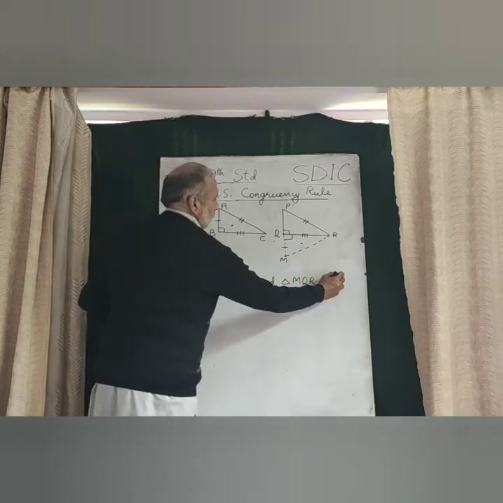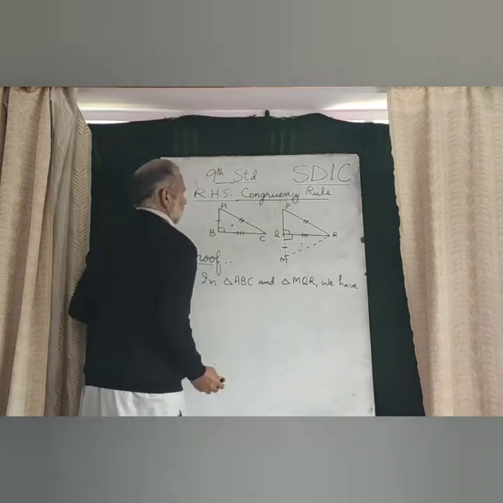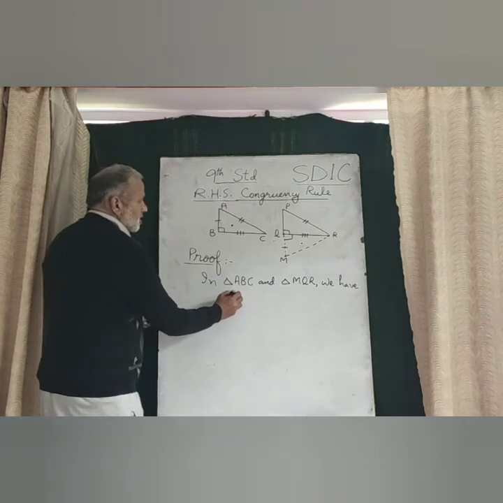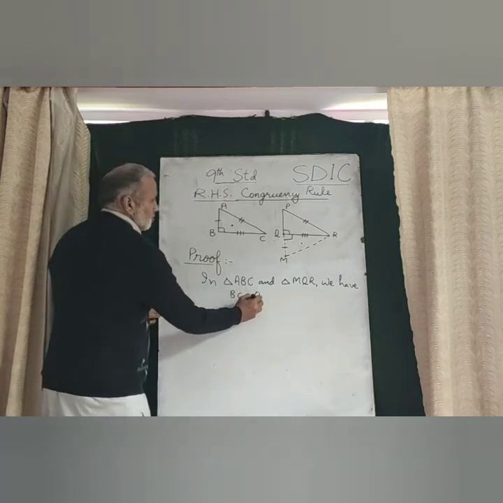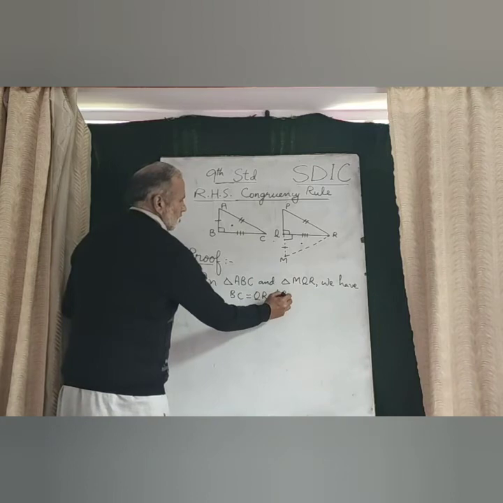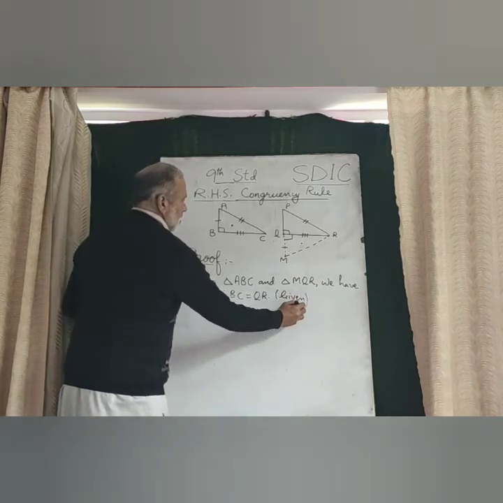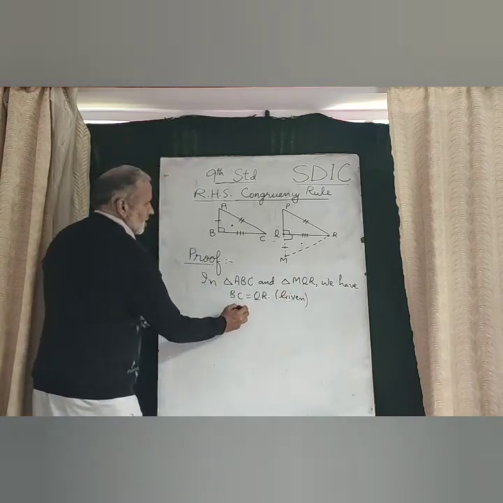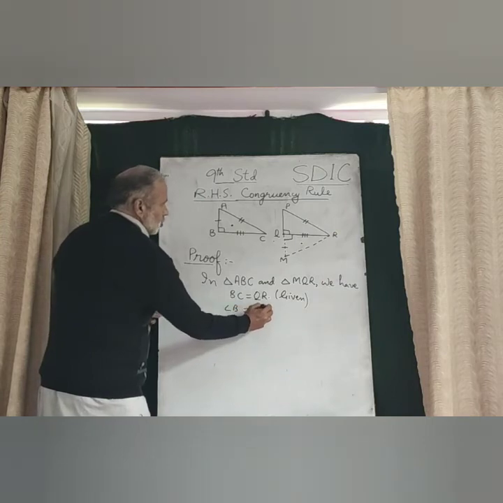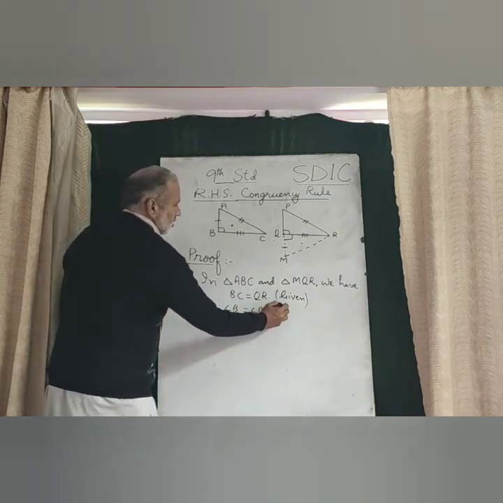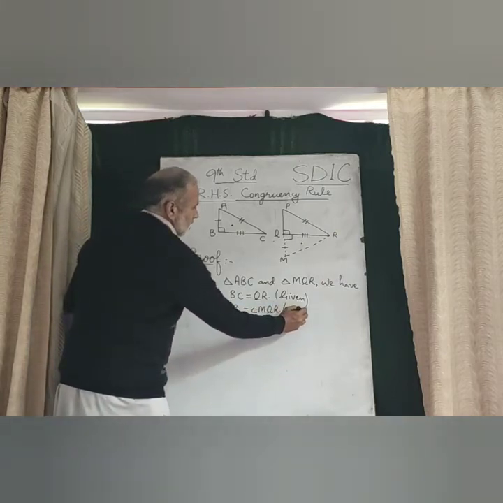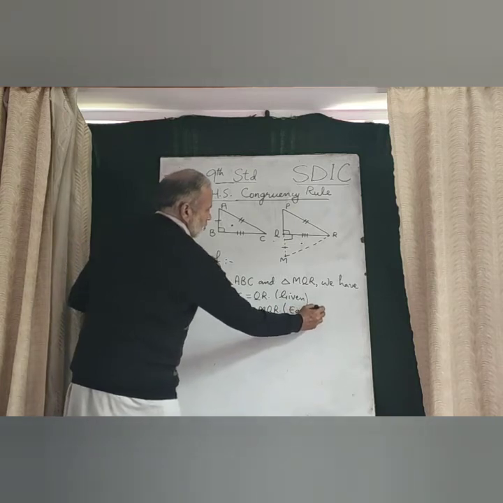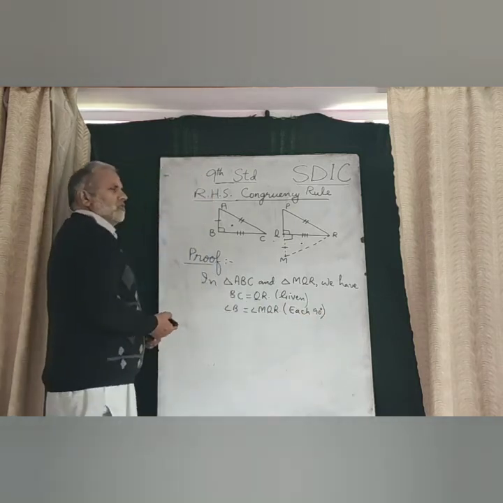We have BC is equal to QR. This is given to us. Angle B is equal to angle MQR. This is construction. We have made a 90 degree angle. You will write each 90, or you can even write construction.